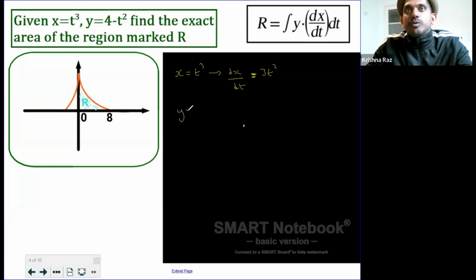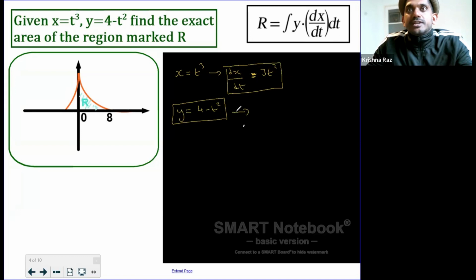And let's write down what y is, 4 minus t squared. From the formula you can see in the top right-hand corner, we just need those two things. So R must be the integral of 4 minus t squared times 3t squared dt.